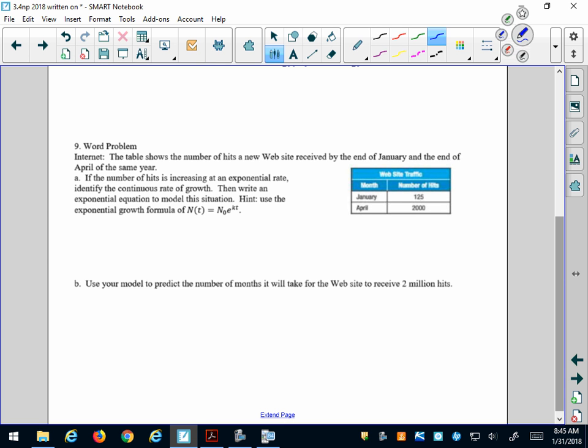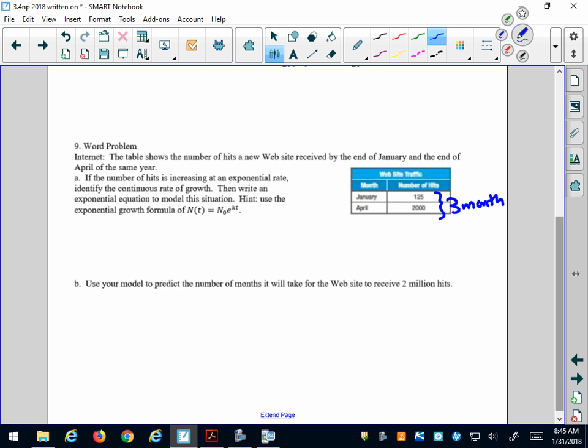We're talking about a website and the number of hits it gets, and it grows exponentially month to month. So what you want to do is figure this is a 3-month period, which it is, and you're trying to figure out what that rate is.